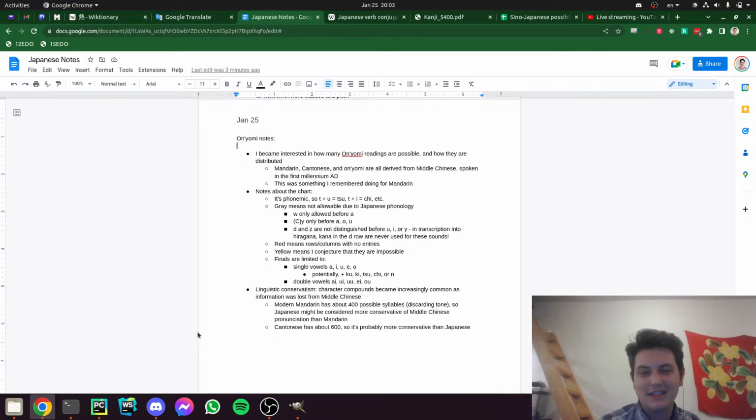So, I was just saying, Chinese readings of characters in Japanese are all taken roughly from the Middle Chinese period, which I don't think is a very precise label, but roughly first millennium AD. So maybe something like between 600 and 1200 is when most readings are taken.